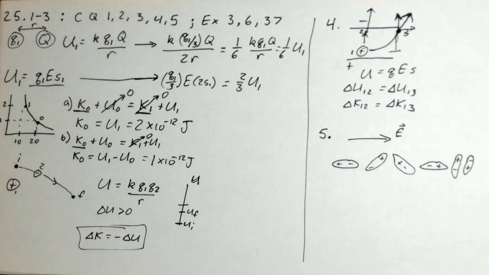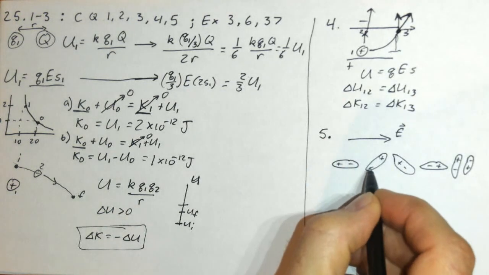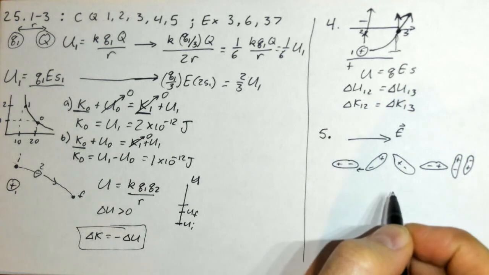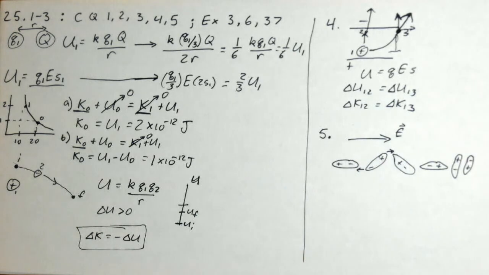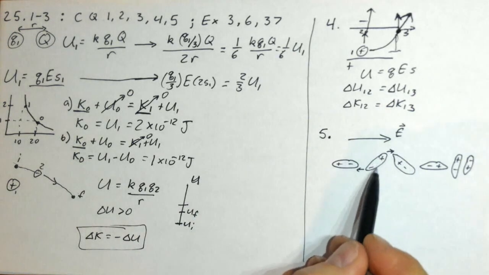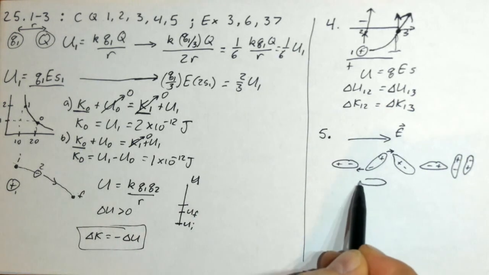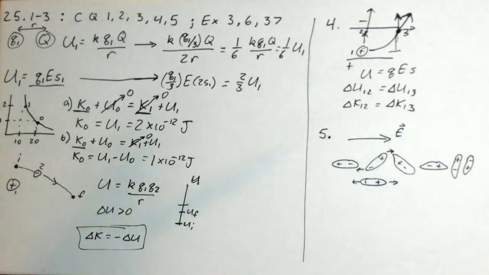So even though there's no net force on dipoles in an electric field, they want to align with the electric field. It's easy to see on this one, this negative charge feels a pull that way, and this positive charge feels a pull that way. And you can see that orientation is going to make it want to align like that until the poles are opposite each other. Now it can't do anything more.